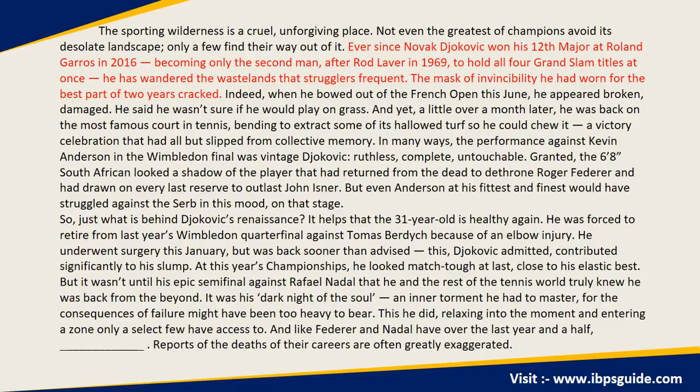And since they've said that his mask of invincibility cracked, we know that it means his period of success suddenly came to a halt. So here, simply by reading the sentence, the mask of invincibility cracked, we cannot guess the meaning of the word. But by reading the sentences before that and understanding the meaning of the sentence, we are able to guess the meaning of this word.